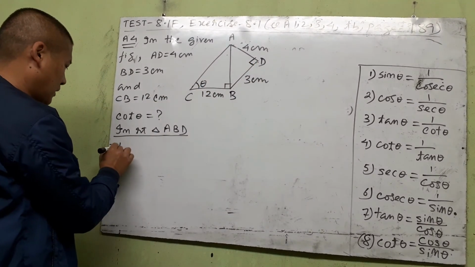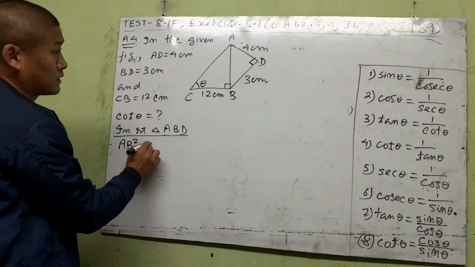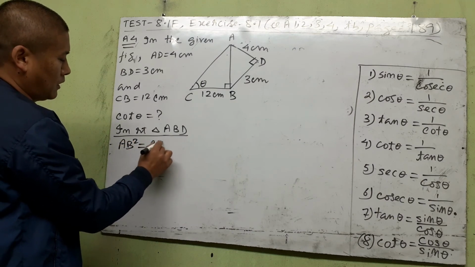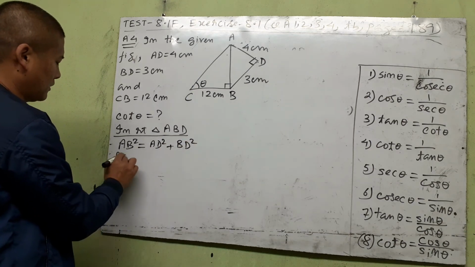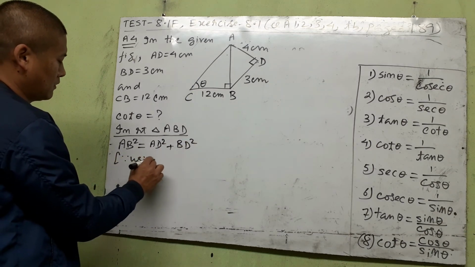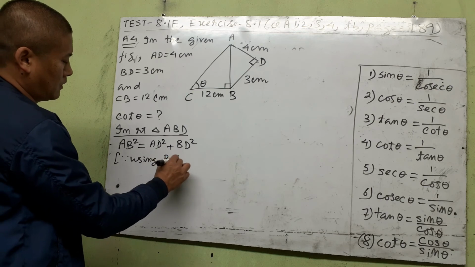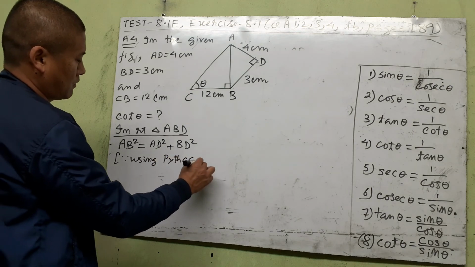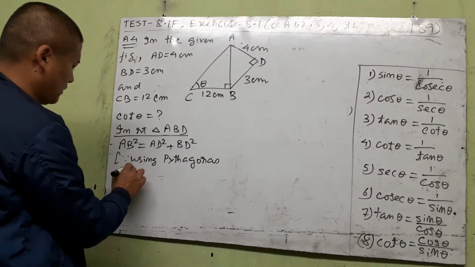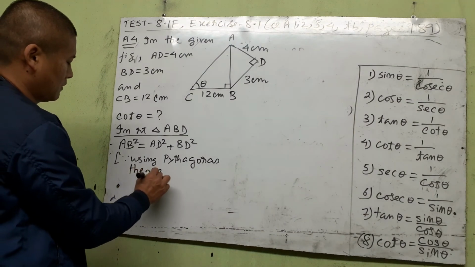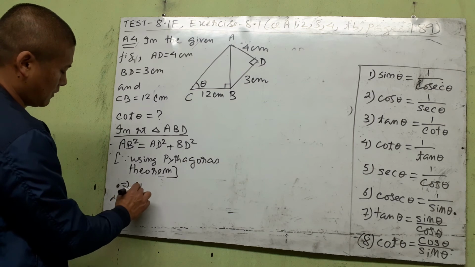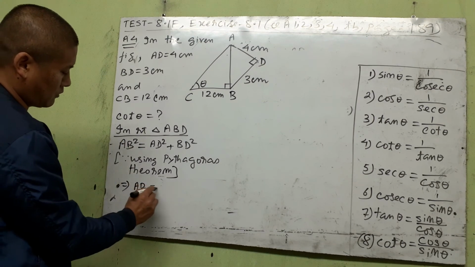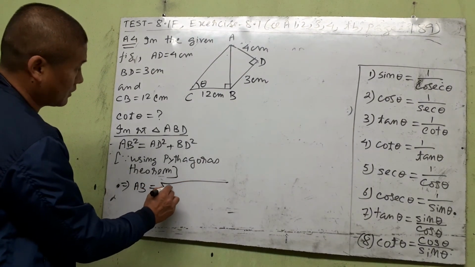So AB square will be, using Pythagoras theorem, equal to the other two sides square, AD square plus BD square. So if you remove the square on the left side, then root will come on the right side.